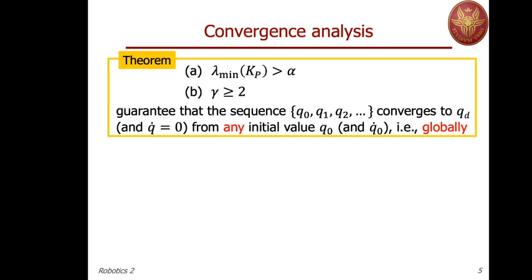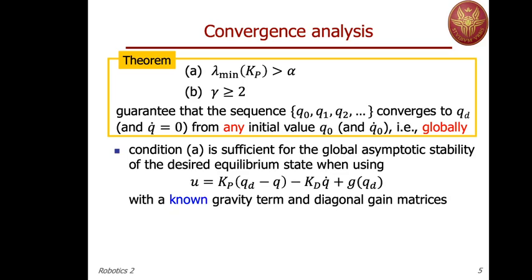And moreover, if we choose the factor gamma larger or equal than 2, a simple number, then we can prove that the sequence converges to Qd. Indeed, since we are converging to a new equilibrium, then even Q dot will be 0. And this holds starting from any initial value of Q0, and in principle we could also start with a non-zero initial velocity. And this occurs globally.